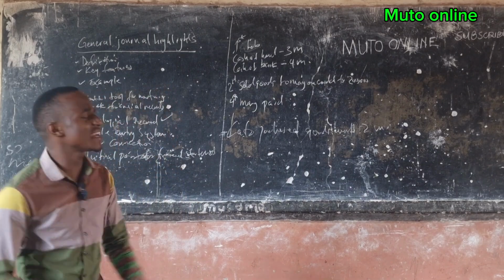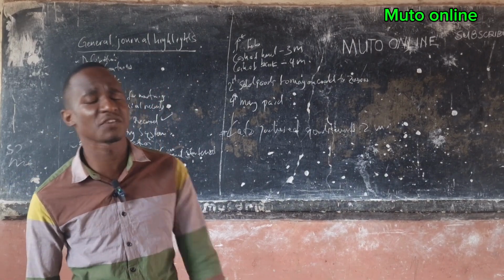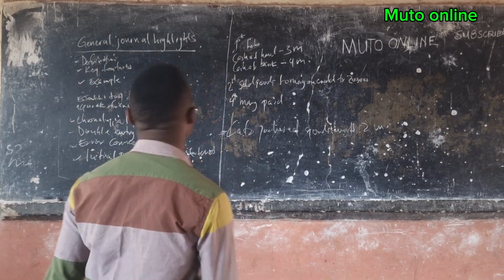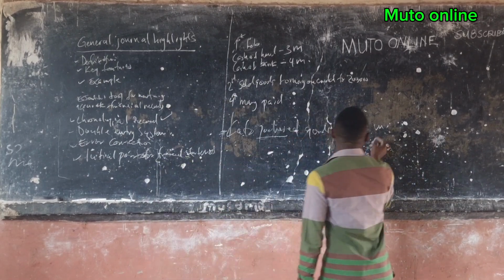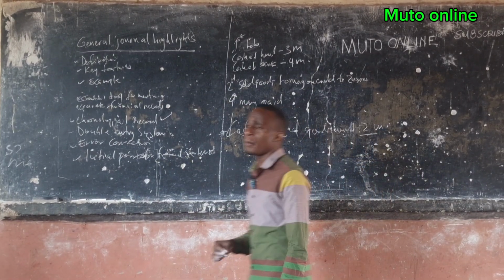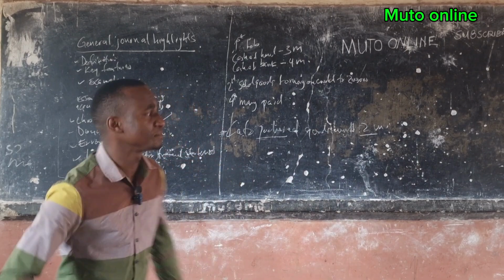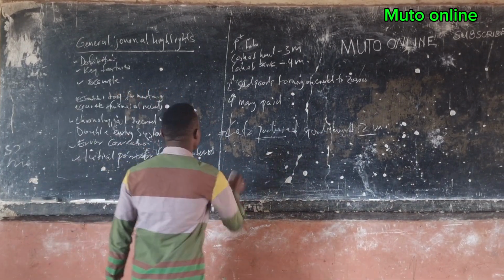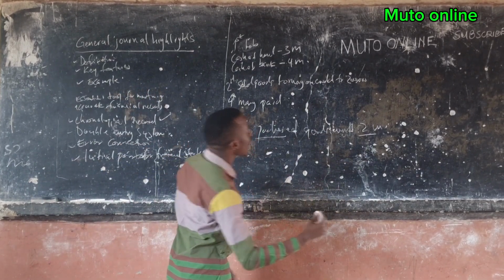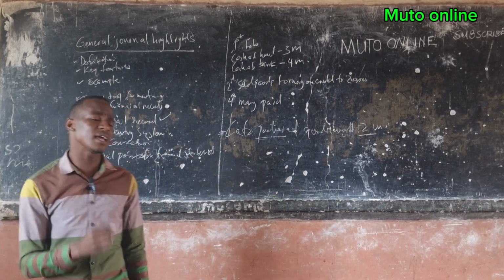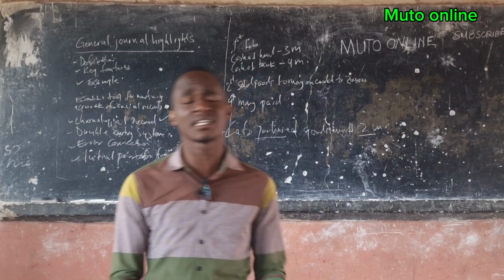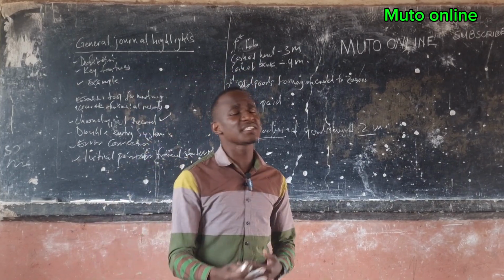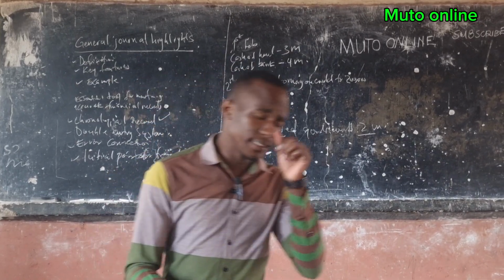Real accounts are the names of individuals that are making transactions. So here we have the purchases account and the cash account, because Kato purchased these goods in cash form. You must determine which account is going to be debited.